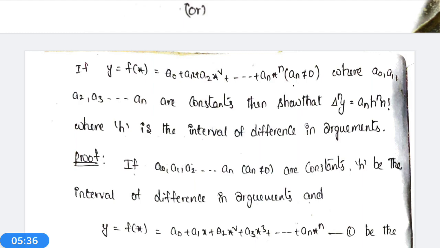This is the brief statement of the fundamental theorem of finite differences.